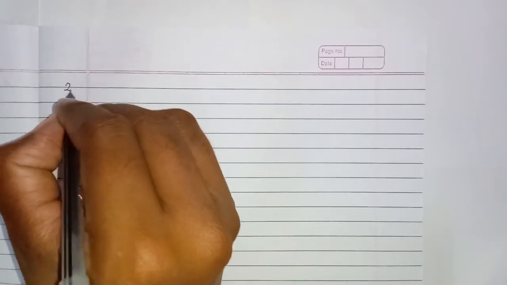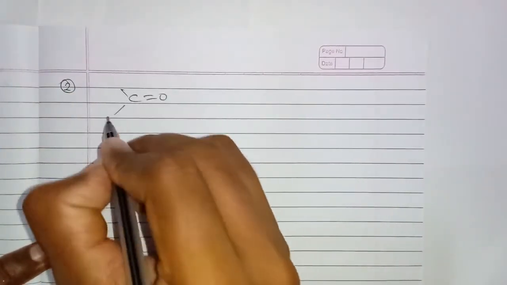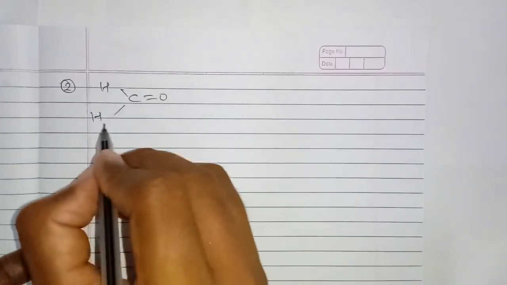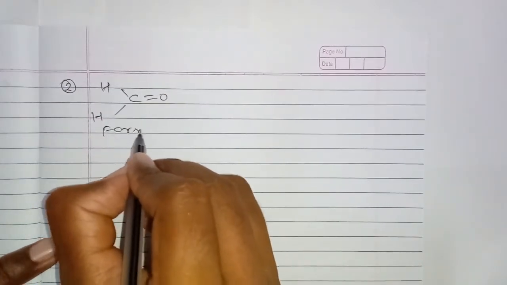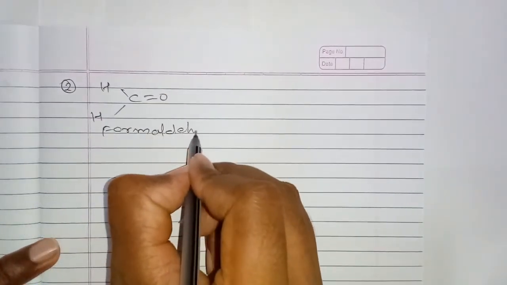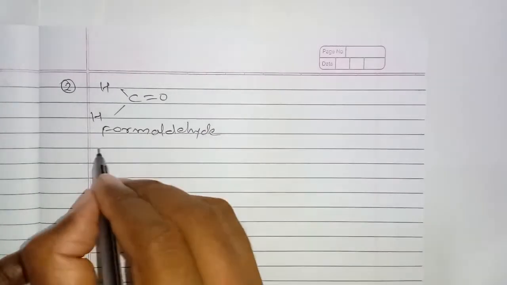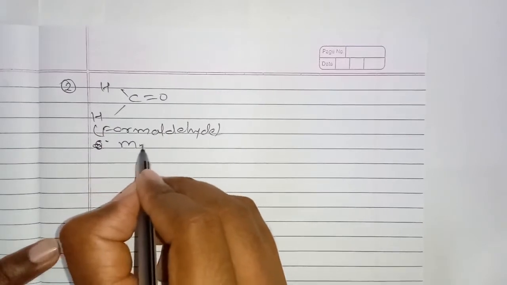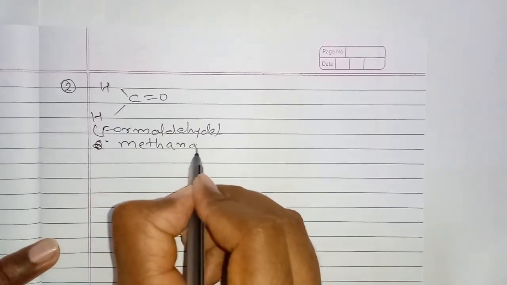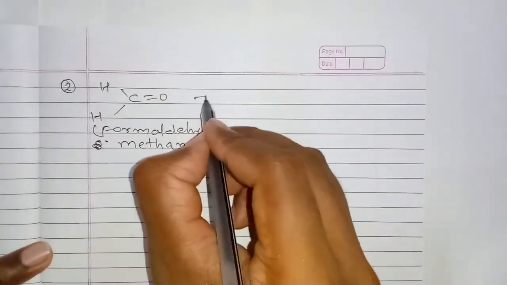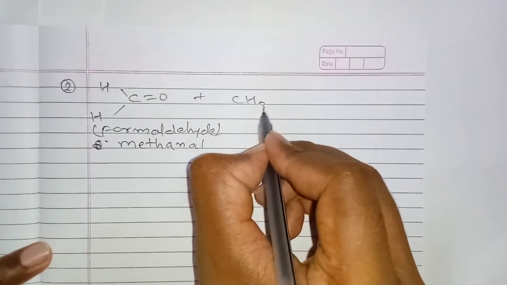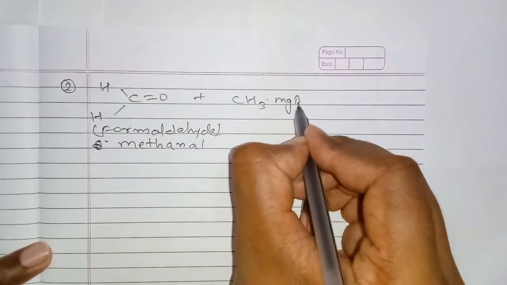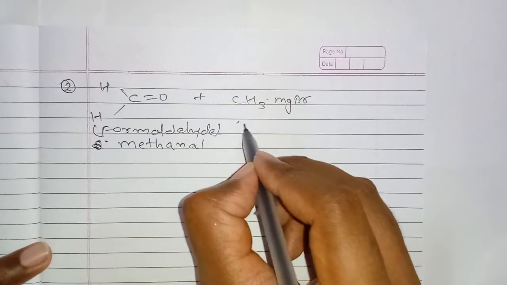Now let's see another example, for aldehyde. Here it is HCHO, or formaldehyde, or named as methanal. You can react it with methyl magnesium bromide, which is a Grignard reagent.